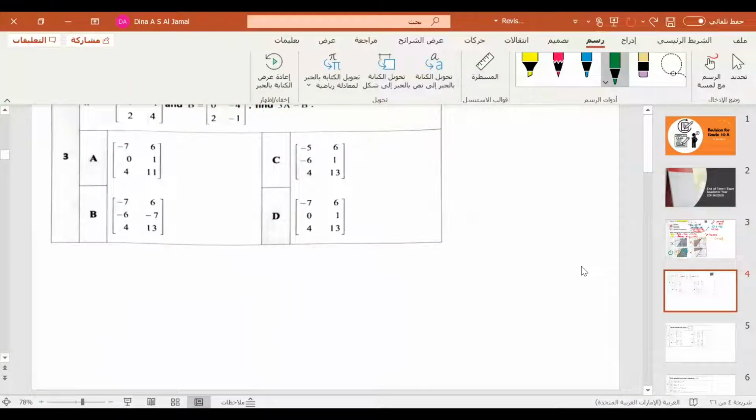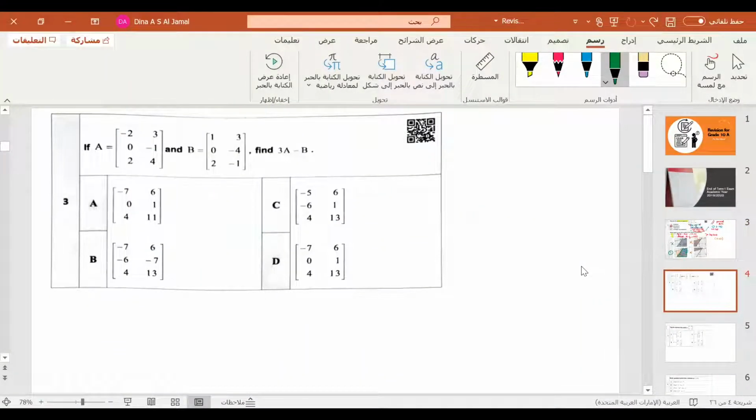Let's go to this question. You are having two matrices and he's asking you to find 3A minus B. So let's perform the operation. 3A, which is 3 times the matrix 2, 0, 2, 3, minus 1 and 4.